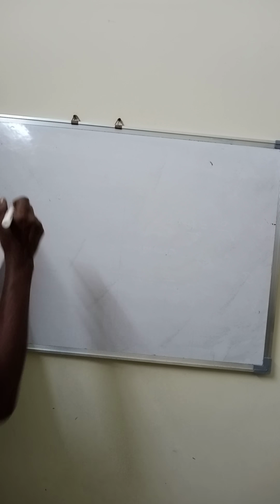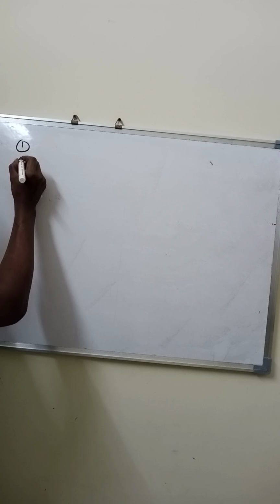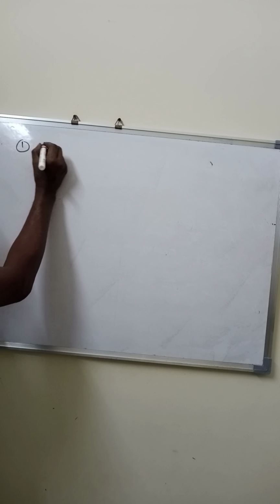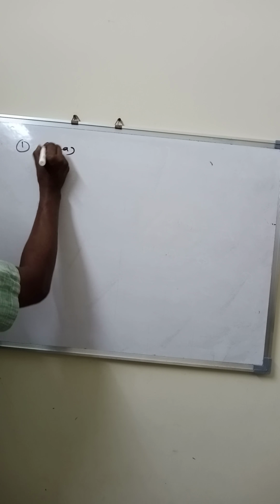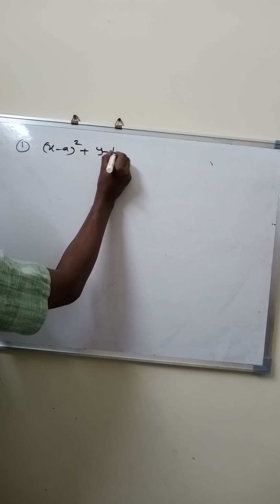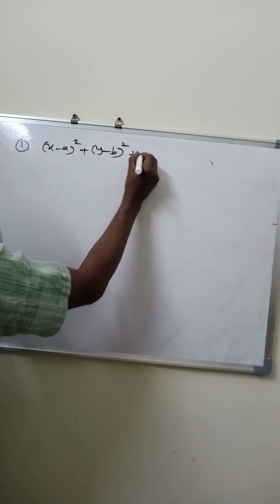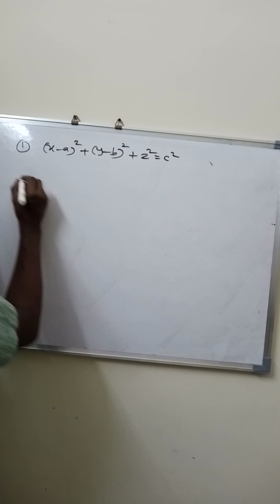Okay. Next, do the problems. Form the partial differential equation by eliminating the arbitrary constants of the following equations. First one, (x minus a) the whole square plus (y minus b) the whole square plus z square equals c square.